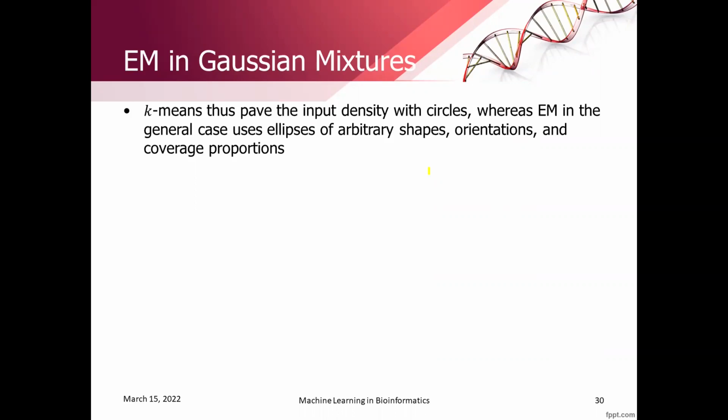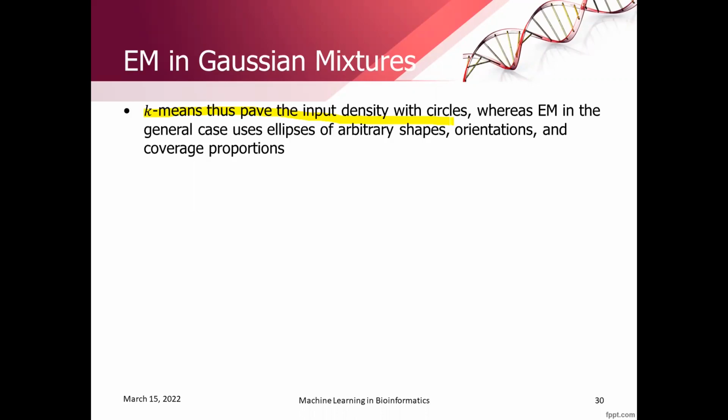So in k-means, this could be used for describing the differences. For k-means, we assume that each cluster is symmetric in all directions. So actually something like a circle in a plane.